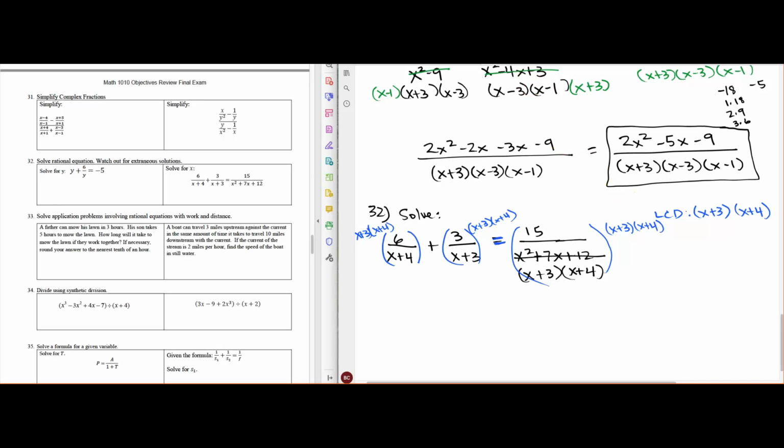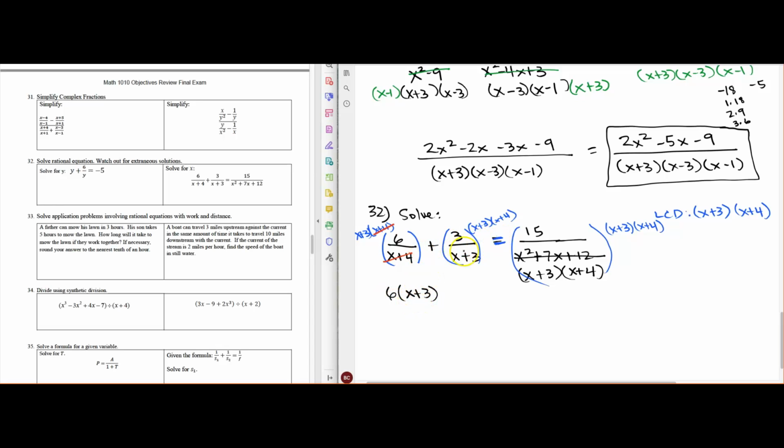And so then I'm going to see what will divide out here. So this x plus 4 and that x plus 4 divide out, right? I killed off the denominator there. There's no denominator left. What I'm left with is just 6 times x plus 3 on the top.